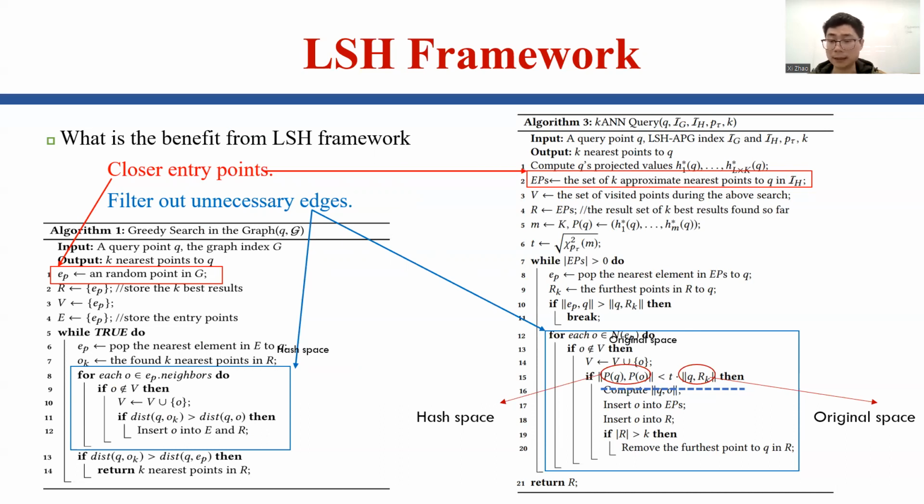In addition, the LSH framework can filter out some unnecessary edges. In previous methods, we are required to verify each neighbor of the entry point, which is time-consuming. But in LSH-APG, only those neighbors that have a close distance in the hash space require verification.